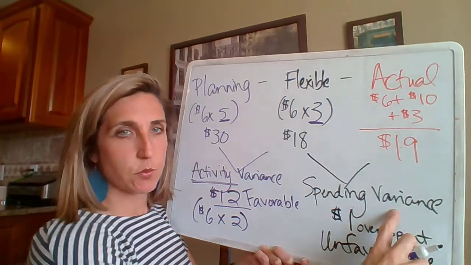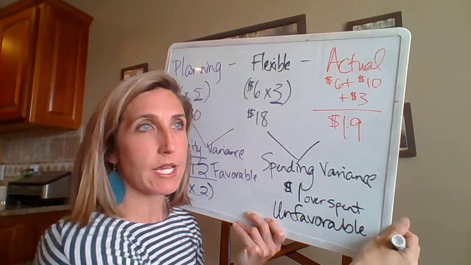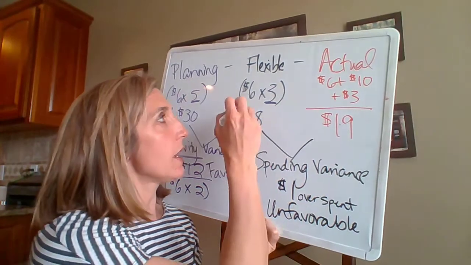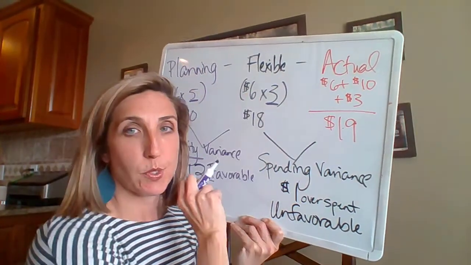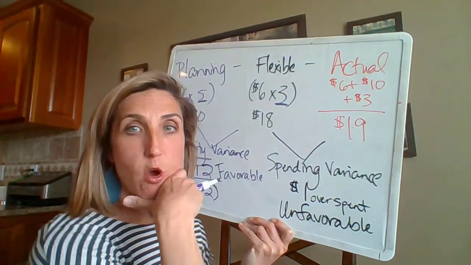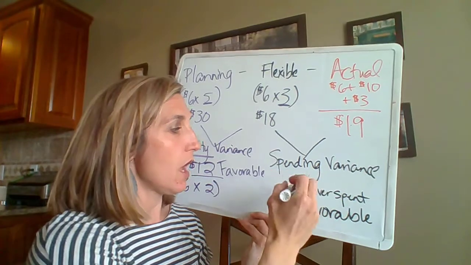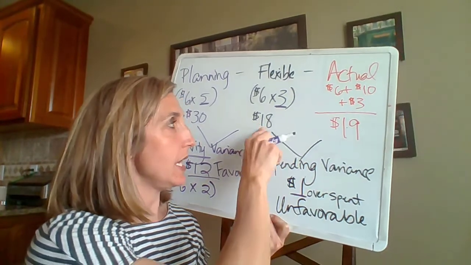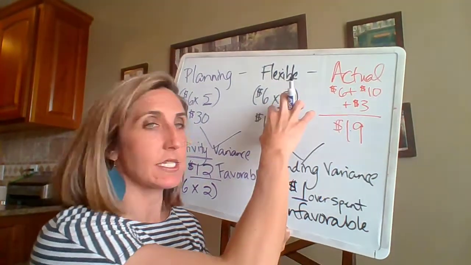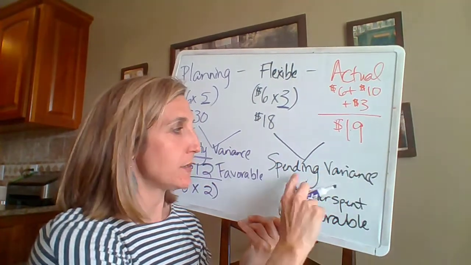The other variance we're going to analyze is the spending component. Did I spend what I said I was going to spend? Well, I said I was only going to spend $6 per lunch, but I ended up spending a total of $19. So I overspent on the per lunch cost by a total of $1, right? My 18 compared to my 19, my flexible being compared to my actual cost is called a spending variance.